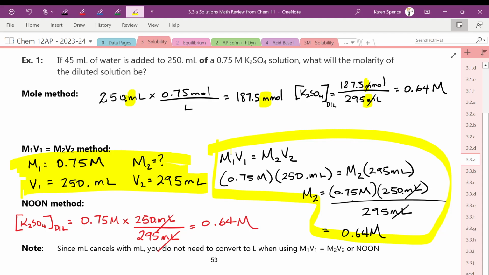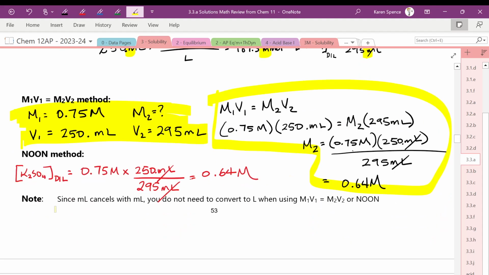Do you guys think you could make a solution? If I told you to make 100 milliliters of 0.8 molar NaCl, could you do it?